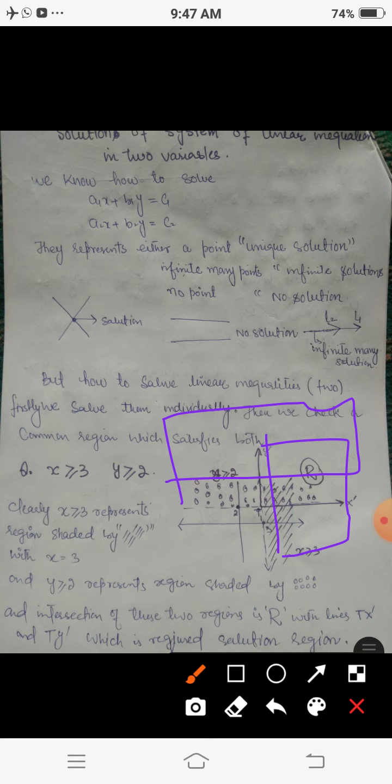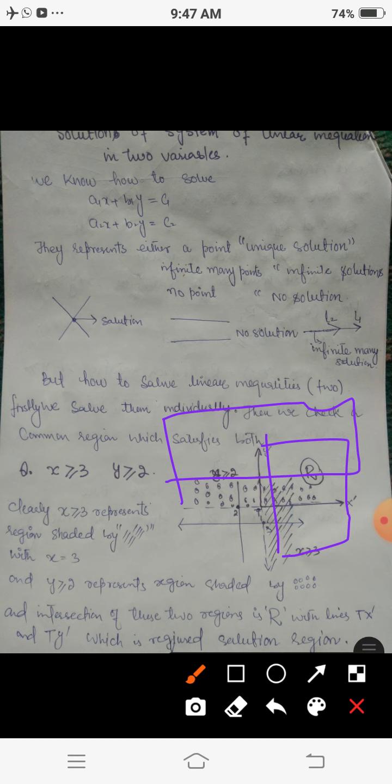Now we have to consider the solution, because the system of linear inequations represents that portion of the plane which is the solution region for all the inequalities.